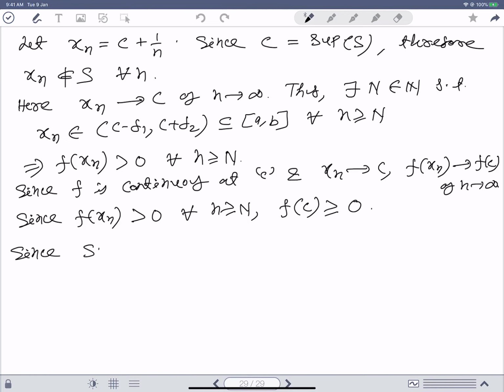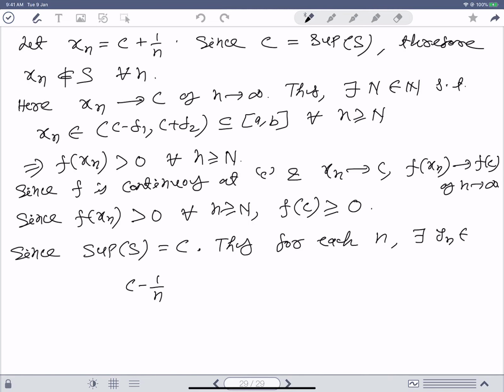Now what we will do, since the supremum of S is equal to C, thus for each natural number n, if we take C minus 1 by n, that will not be an upper bound for S, right? So therefore there exists yn belonging to S such that C minus 1 by n is less than yn, which is less than or equal to C. Okay?